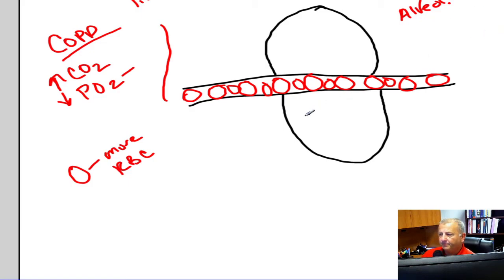And that's going to be felt by the heart, right? Because remember, the heart here, we sent that blood over there. So we have our four chambers here, and this is your right atrium, right ventricle.